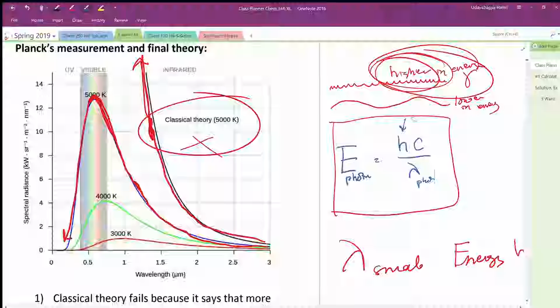Based on his observations and calculations, he figured out that h is 6.626 times 10 to the negative 34 joule second, in terms of its proper units.